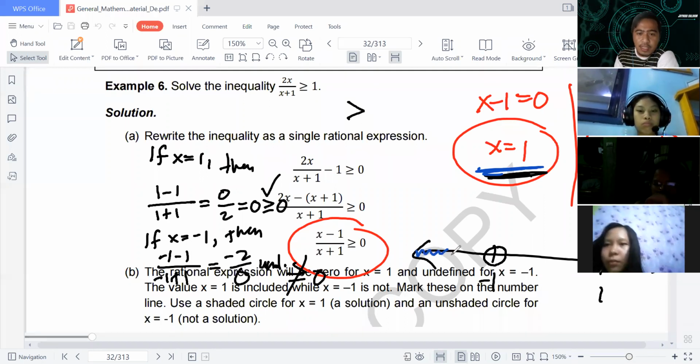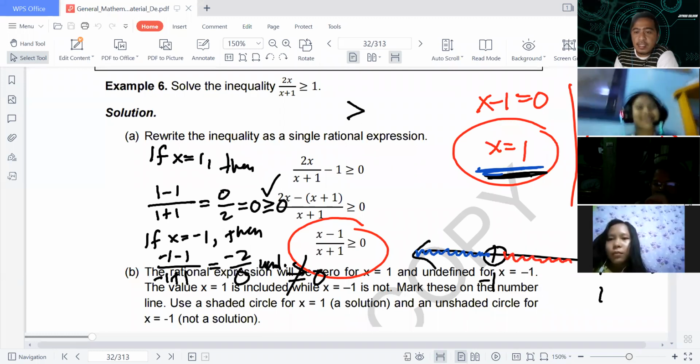The first interval is this. The second interval is this. See? And the last interval is this. See it? Okay. Now, where does the first interval start? On the left. Negative infinity, right?